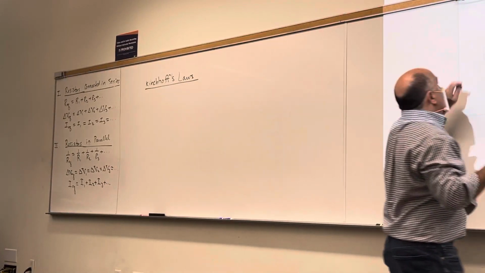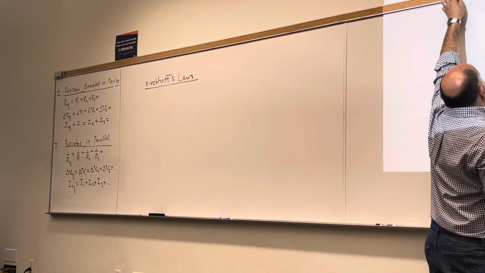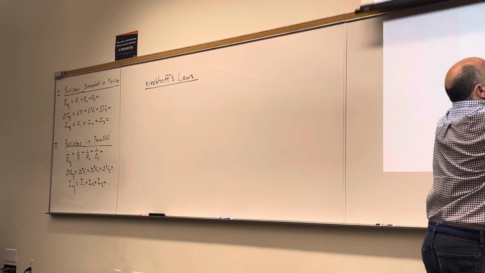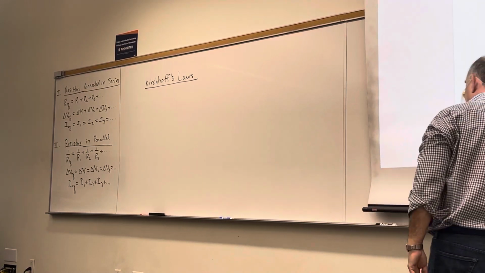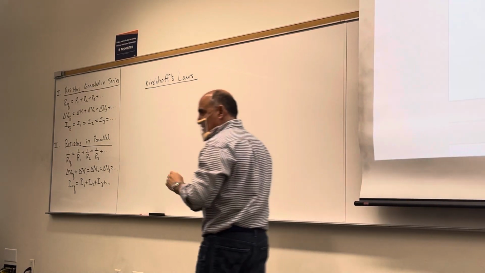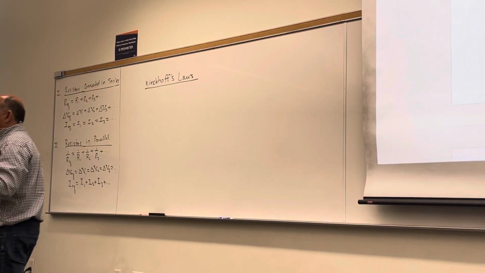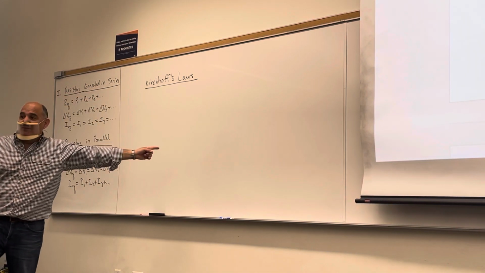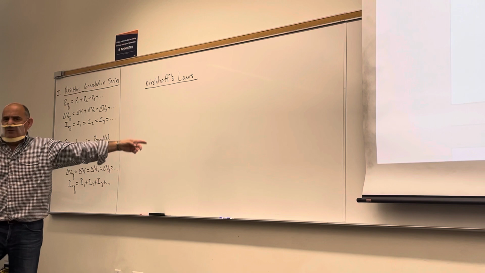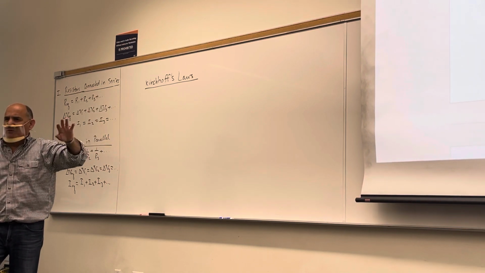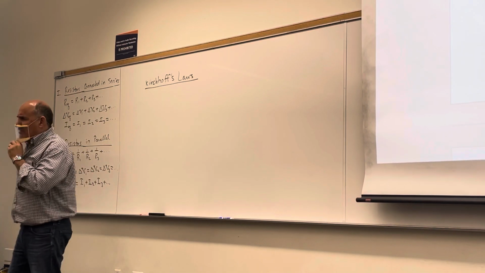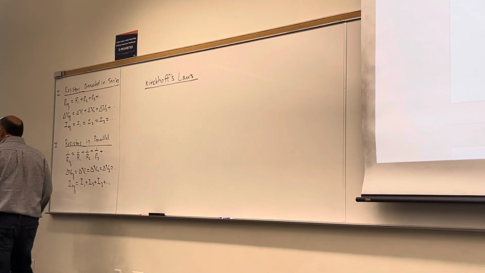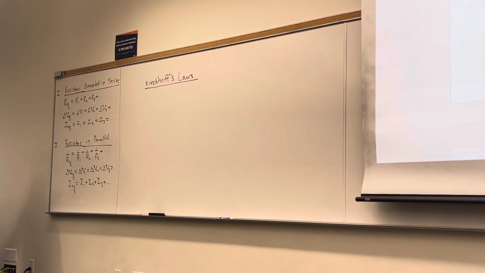Let me talk about each one. There are two. Let me talk about them separately. And then let's put them together to solve the same problem that we just solved: the 2/3 ohm resistor, the 2 ohm and the 4 ohm resistor, and the 12 volt battery. So I want to solve the problem again using this guy's laws. All right?